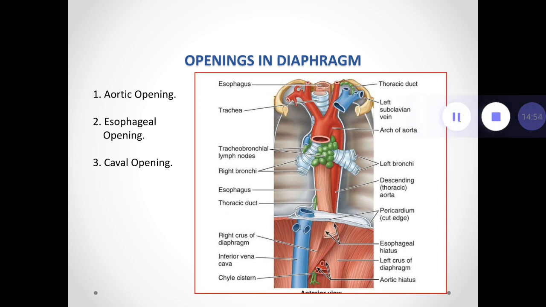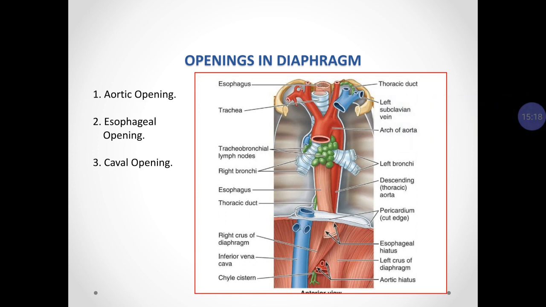The interesting fact is that all these openings are at different levels. If we go from bottom to up, at T12 level we get the aortic opening, at T10-11 we get the esophageal opening, and at T8, which is 8th thoracic vertebra, at that level we get the caval opening.